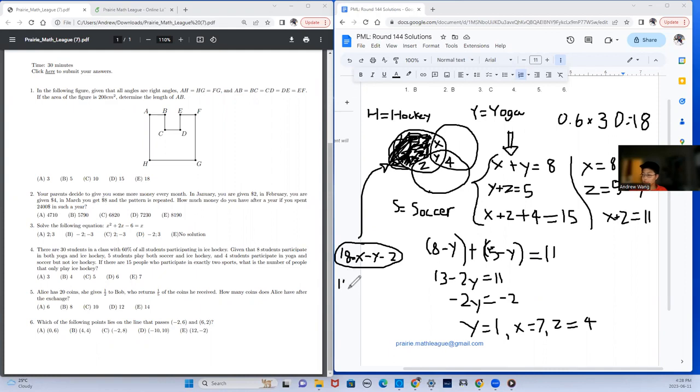And now we know X, Y, and Z, so it's 18 minus 7 minus 1 minus 4, and that equals 6. So the amount of people who only play ice hockey, and only play one sport, is 6. So therefore the answer is D. Now I'm writing it on the top there. So let's erase it and move on to the next question.